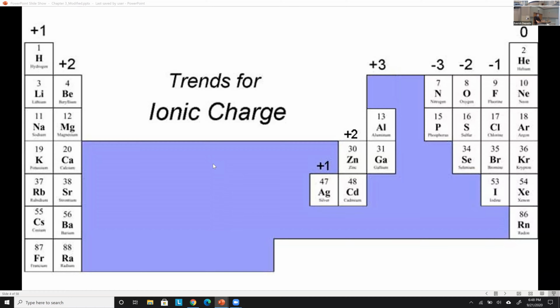For the ones whose charge we know from this trend list, we don't have to write that, because to the educated chemistry reader, they already know the charge. It's definitive, and it's only one of these charges, +1, +2, or +3. So that comes into play later.